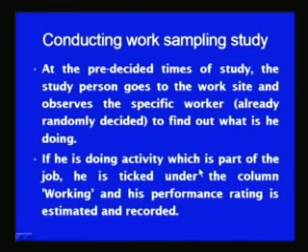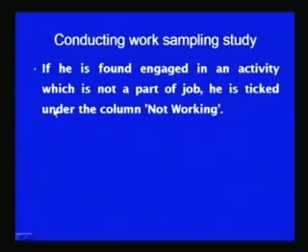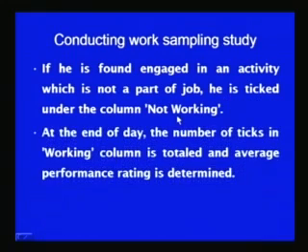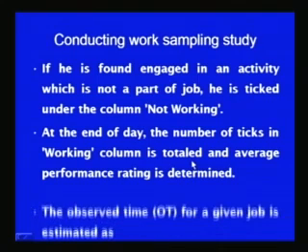If he is doing an activity which is part of the job, he is ticked under the column working, and his performance is estimated and recorded. If he is found to be engaged in an activity which is not part of the job, he is ticked under the column not working. At the end of each day, the number of ticks in the working column is totaled and the average performance rating is determined.